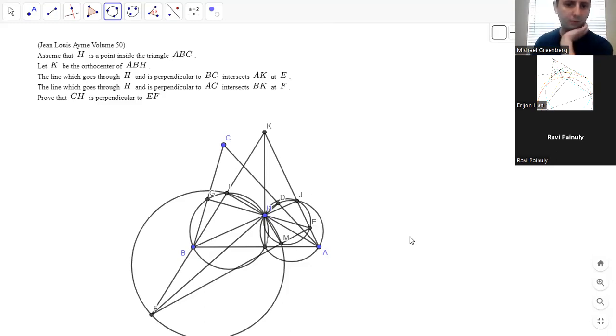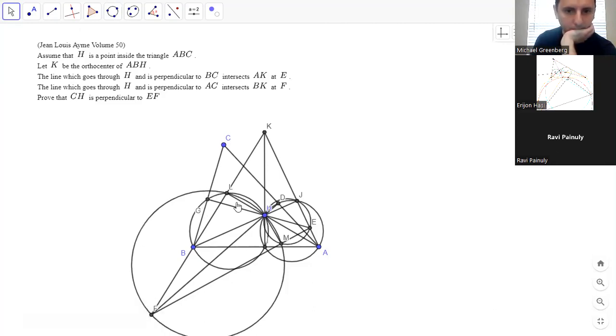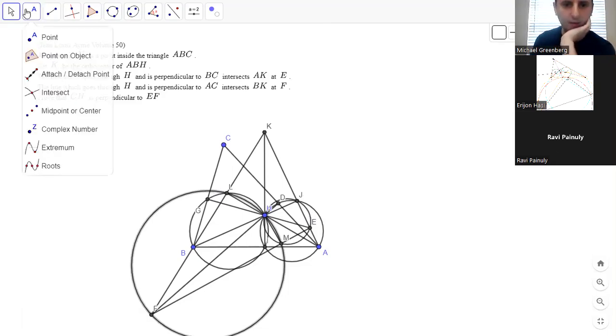Is there some other circle that we can use? So we have HM and these two circles. Maybe we could try to see where BC meets that circle.